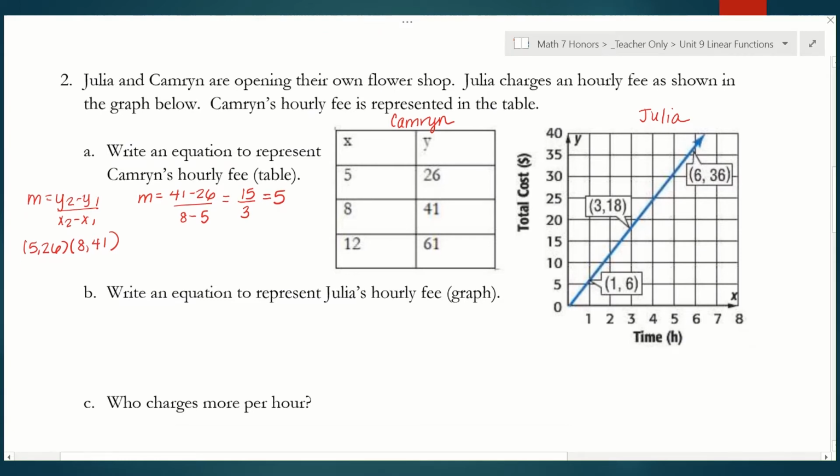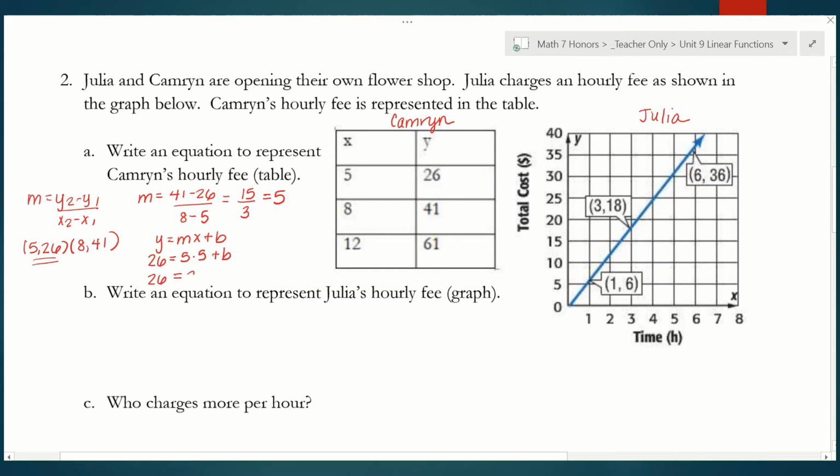Now, to get my y-intercept, I'm going to use slope-intercept form, y equals mx plus b, and choose one of my points. I'm going to pick (5, 26), plug that in for x and y, and solve for b. So y is 26, my slope I just found was 5, the x-coordinate is 5, and I'm trying to figure out what b is.